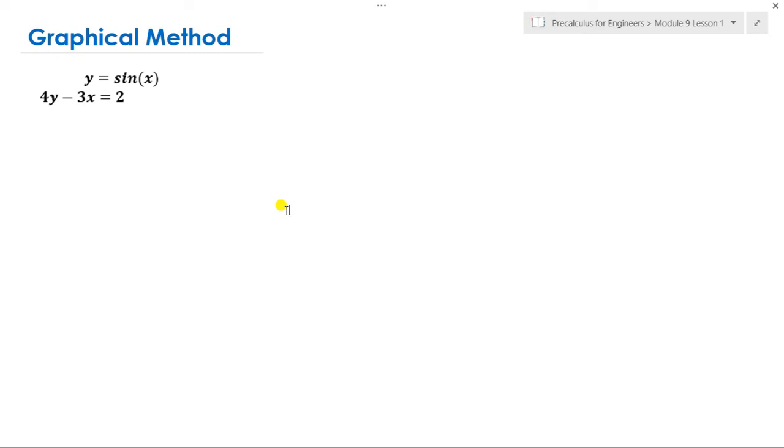In the graphical method, we use this especially for nonlinear equations that don't match, that are not compatible.